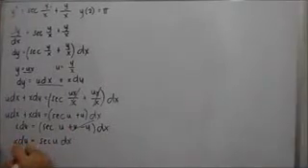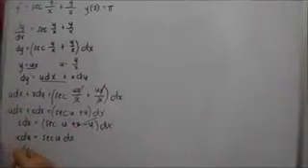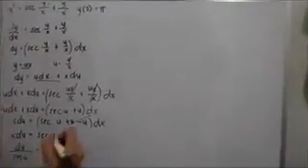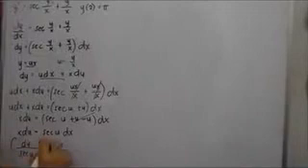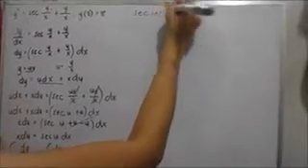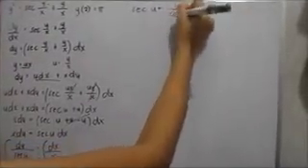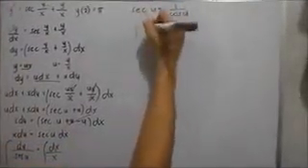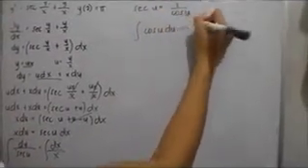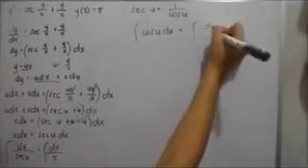And then transpose secant u to dx over x, and then integrate both sides. Since secant u is equal to 1 over cosine u, cosine u du is equal to dx over x.